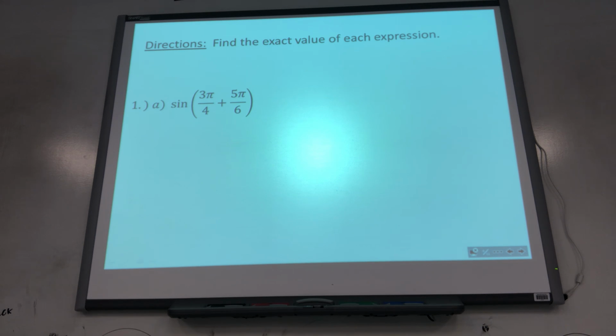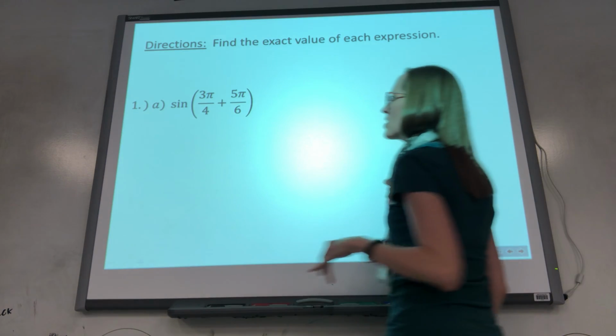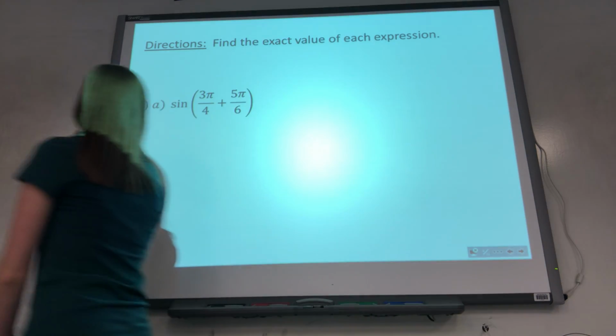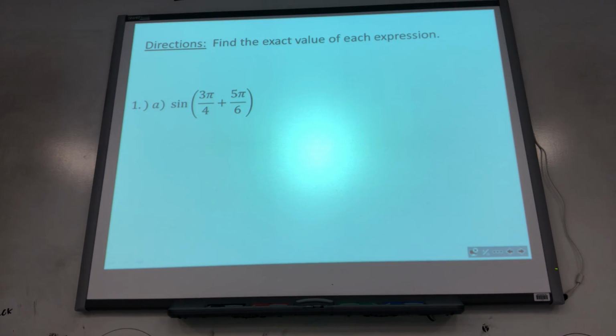Now this looks kind of weird, but this is example 1, part A. There will be a part B to this here in a minute. But for part A, we need to figure out sine of 3 pi over 4 plus 5 pi over 6.